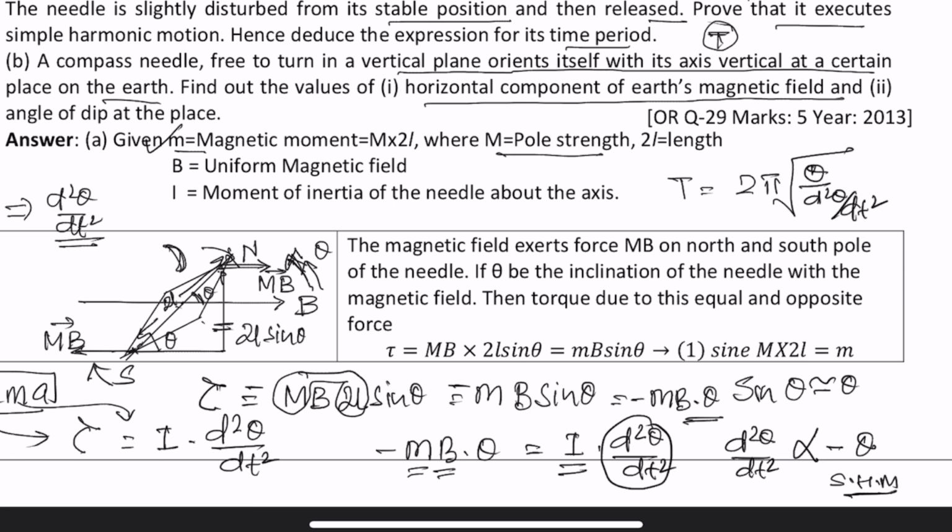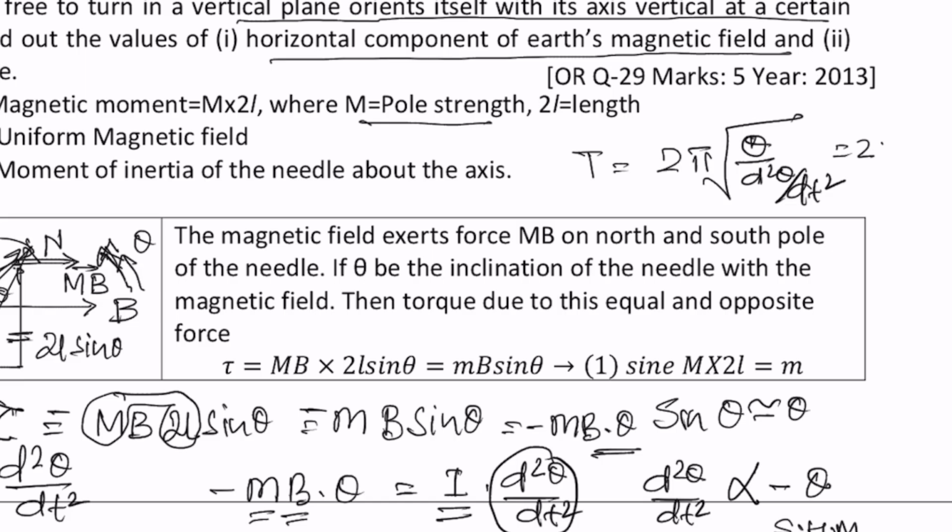So d2 theta by dt square will be I by mb. If we take the magnitude of it, it will be 2 pi root over I by mb, correct? M into b. So this is the time period, correct?